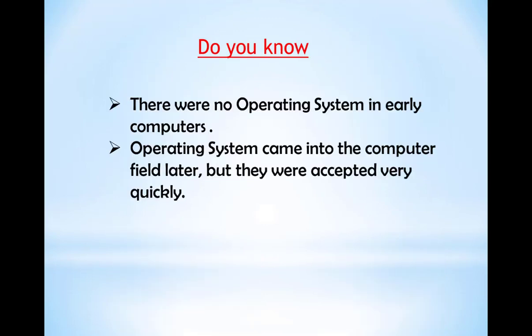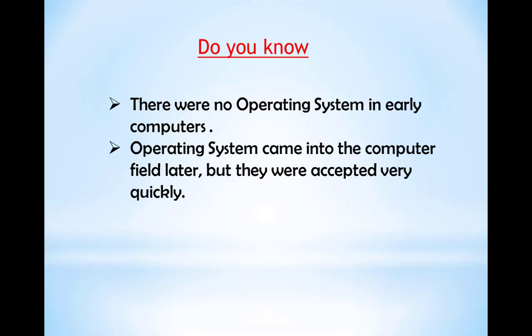There was no operating system in early computers. Early computers did not have any operating system. It came into the computer field later, but it was accepted very quickly. Why is it so popular? Because if the operating system were not there, the user would have to learn all the commands, all the coding by himself.